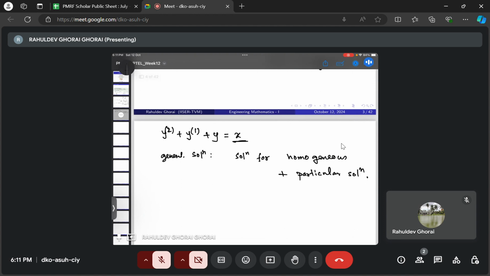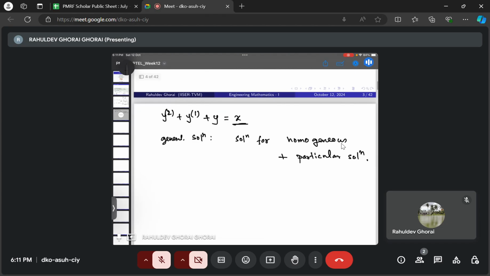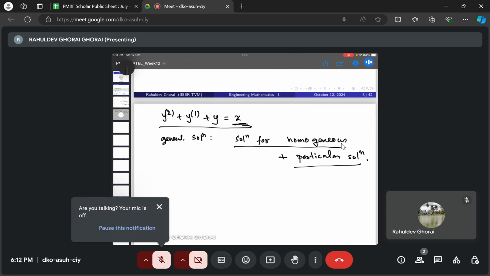So the solution for this system can be written as an addition of two solutions: one is the solution for the homogeneous equation, and another one is a particular solution.